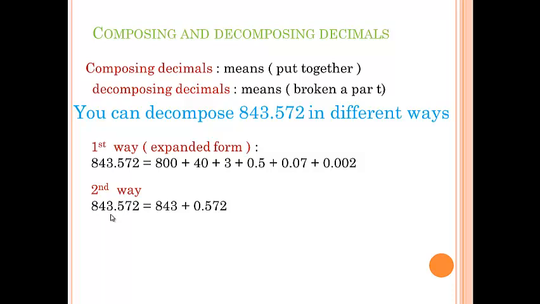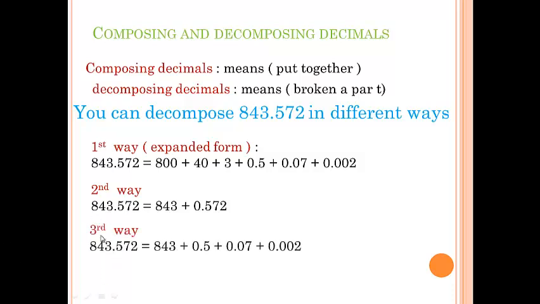First way, when you decompose the number, you can use expanded form. Expanded means write each digit again with its value. Or you can break the number into two halves, part whole and part decimal.